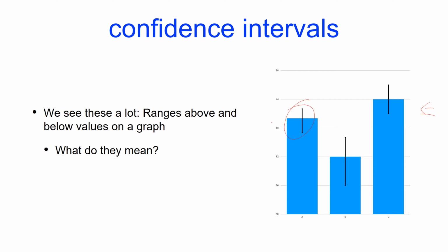The reason I want to jump into the confidence interval is because I think this is a topic best covered right after your hypothesis test. It's not precise but it's very easy to understand.